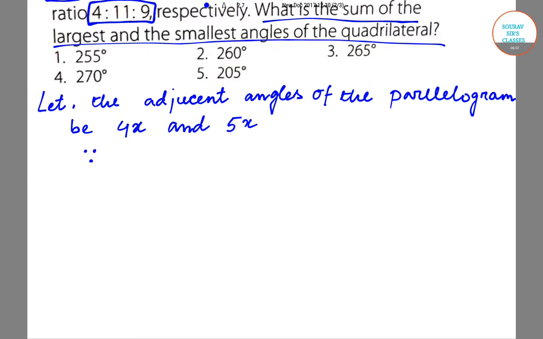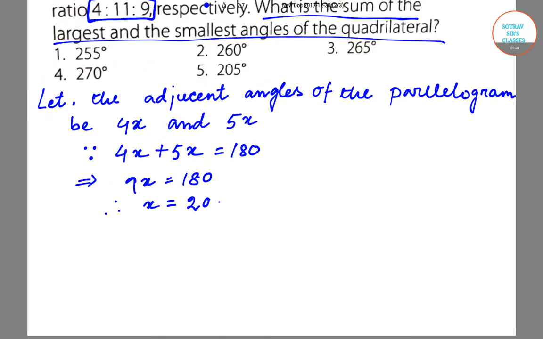So as 4x plus 5x is equals to 180, from that we can say 9x is equals to 180, therefore x is equals to 20.